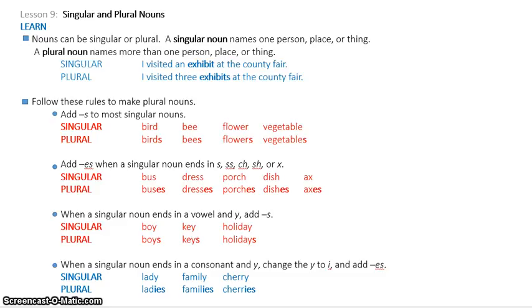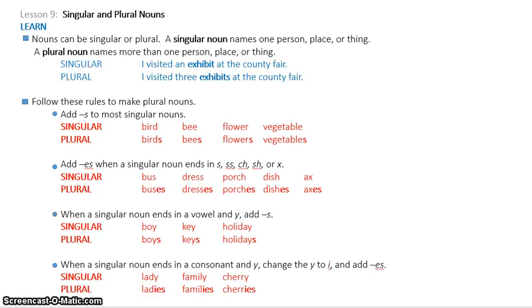The next rule is when you add an I and an IES. When a singular noun ends in a consonant and a Y, change the Y to an I and add ES. I look at the word lady.